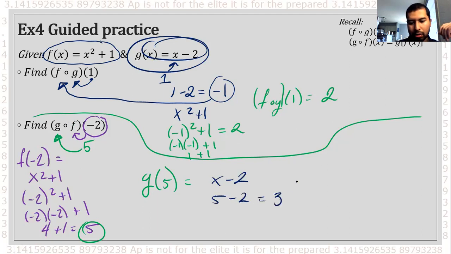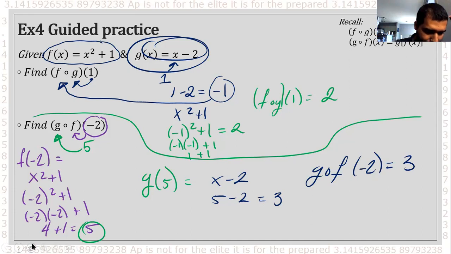So this is my solution when I'm asked to solve f of g of -2. My answer is 3. These sometimes mess up students, especially because they haven't had the practice of the previous examples 1, 2, and 3. So make sure you practice substituting, and then you can evaluate.